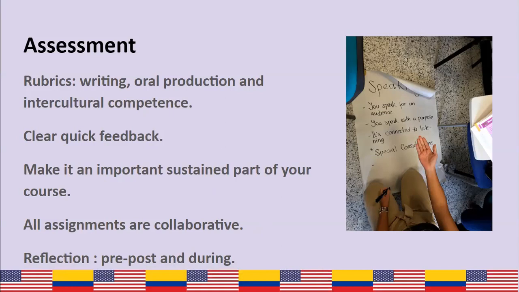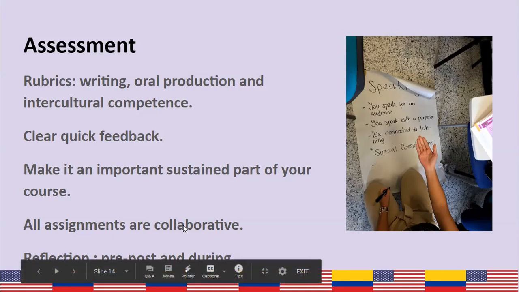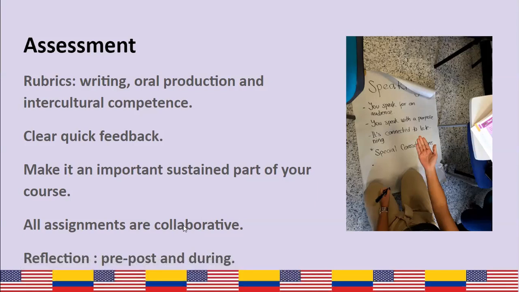And so you have to check in the construction of the assignment to make sure that it is actually a collaborative assignment, making sure that they are working together outside of class to produce something that you will evaluate. A really important part of this is reflection.